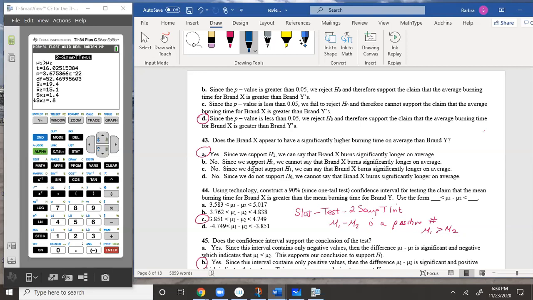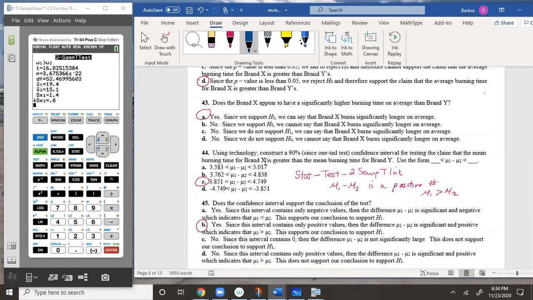So 43A. And now we're going to construct a 90% confidence interval for testing the claim that the mean burning time for brand X is greater than the mean burning time for brand Y. We do have a program for that. It's the 2-SampTInt. So we're going to stat test, and we're going to scroll down to 0, which is 2-SampTInterval.